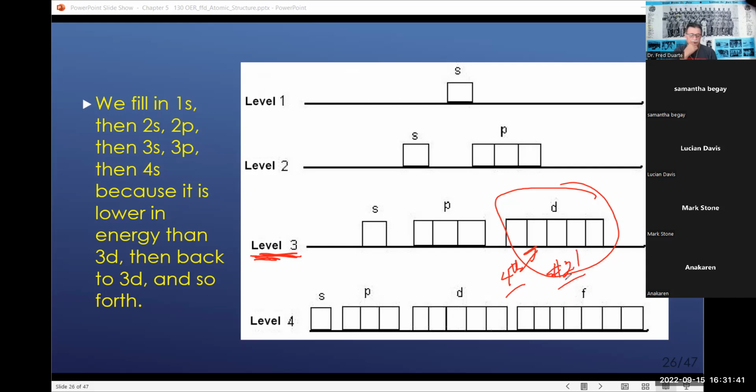You have the periodic table, you can see where that is. Element 21 is in the 4th energy level, okay? But the d orbitals for element 21 are an energy level 1 less than the period that element is in. So element 21 is in period 4, but its d orbitals are actually in the 3rd energy level, okay?